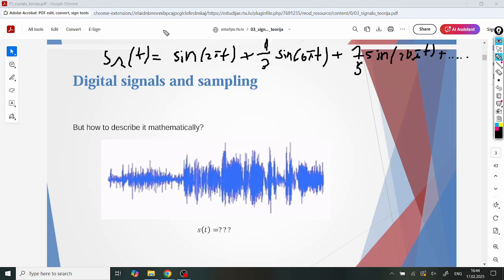So this is actually a valid formula which you can use to create, well, if you take enough of them, you can create a perfect rectangular shape.